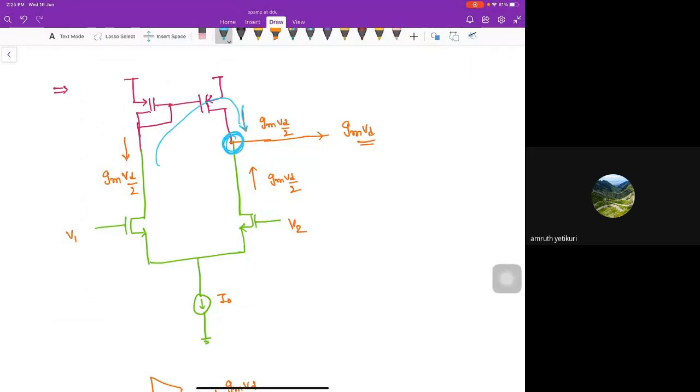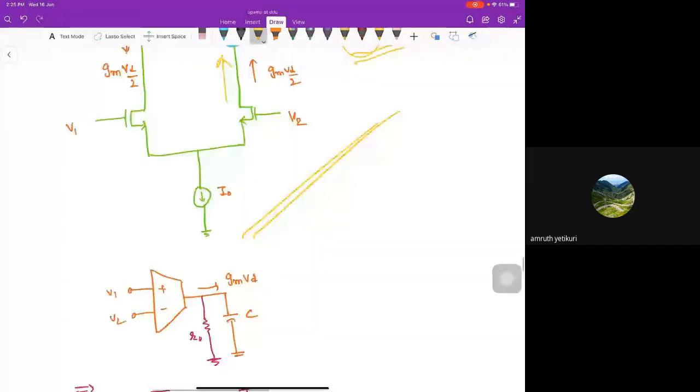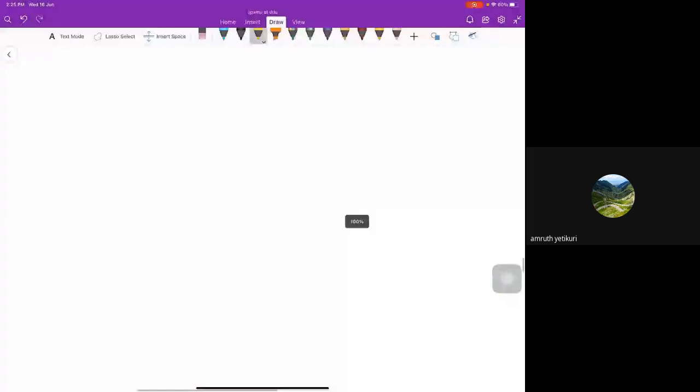And from this we are getting a current Gm into Vd by 2. So finally we have a current Gm into Vd, and that's what I want. So this is my OTA, but it has a finite output impedance. What is this output impedance value?